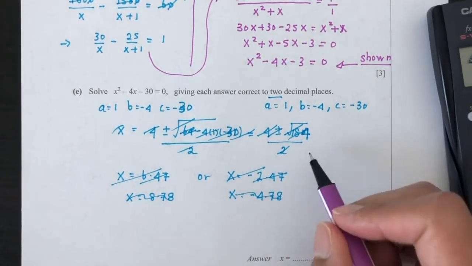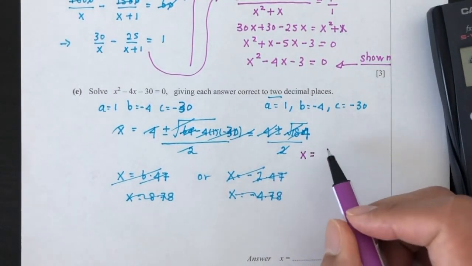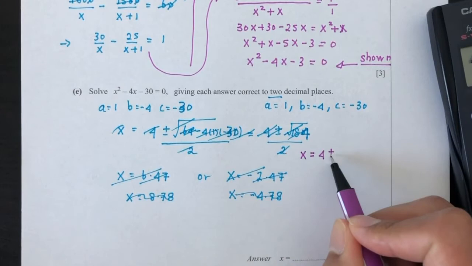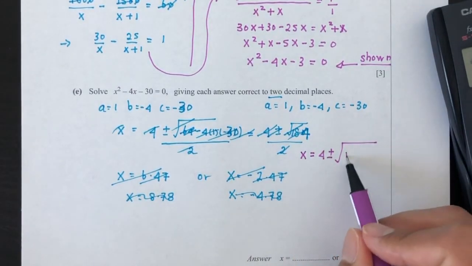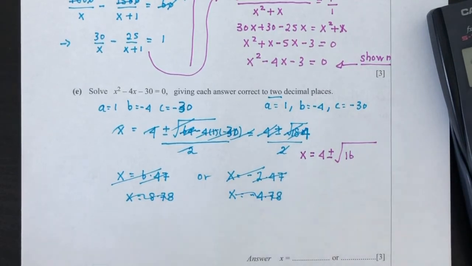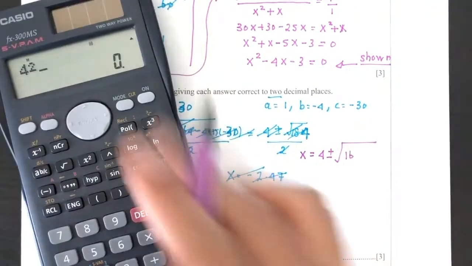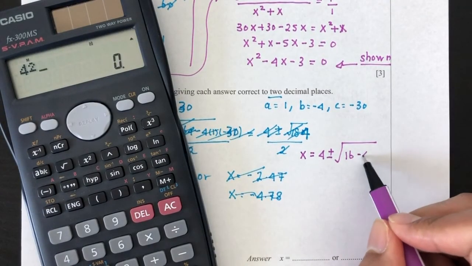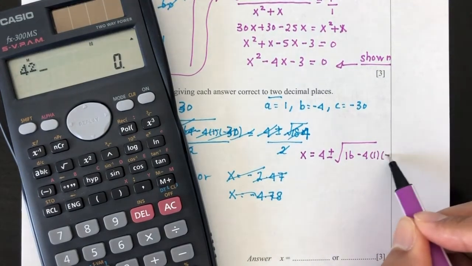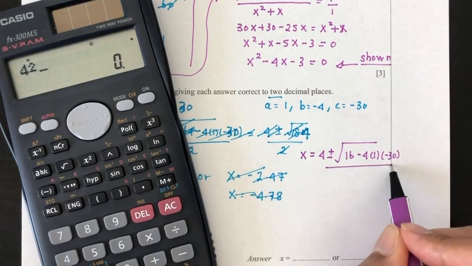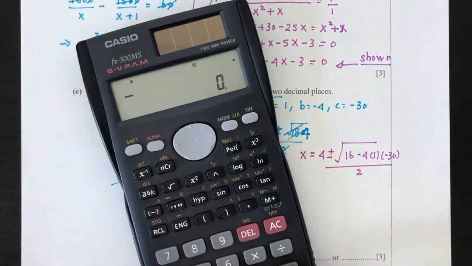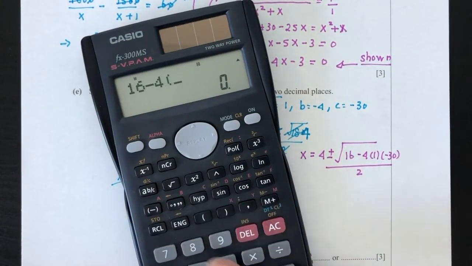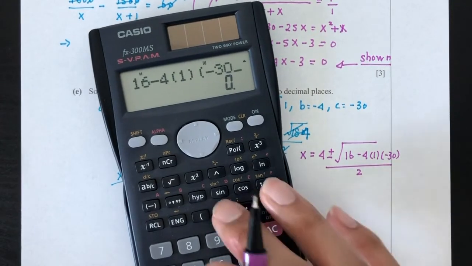So we just have to use the formula. x is equal to minus B, which is 4, plus or minus the root of 4 squared. That is actually 16, not 64. So 16 minus 4ac, minus 4 times 1 times c, divided by 2a. 2 times a will be 2. Okay, I think now it should be good. So 16 minus 4 times 1 times minus 30.